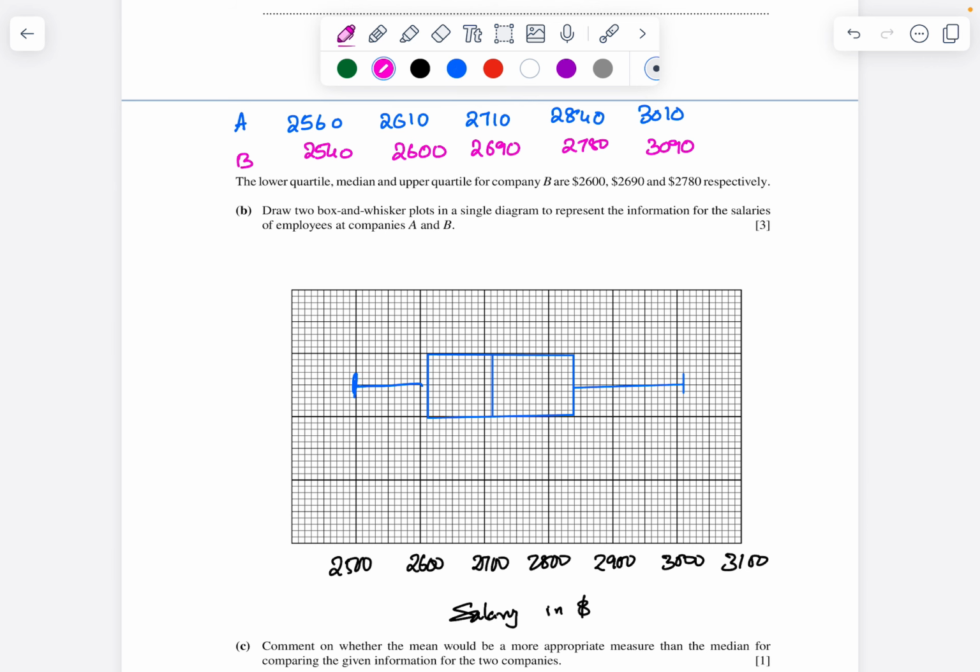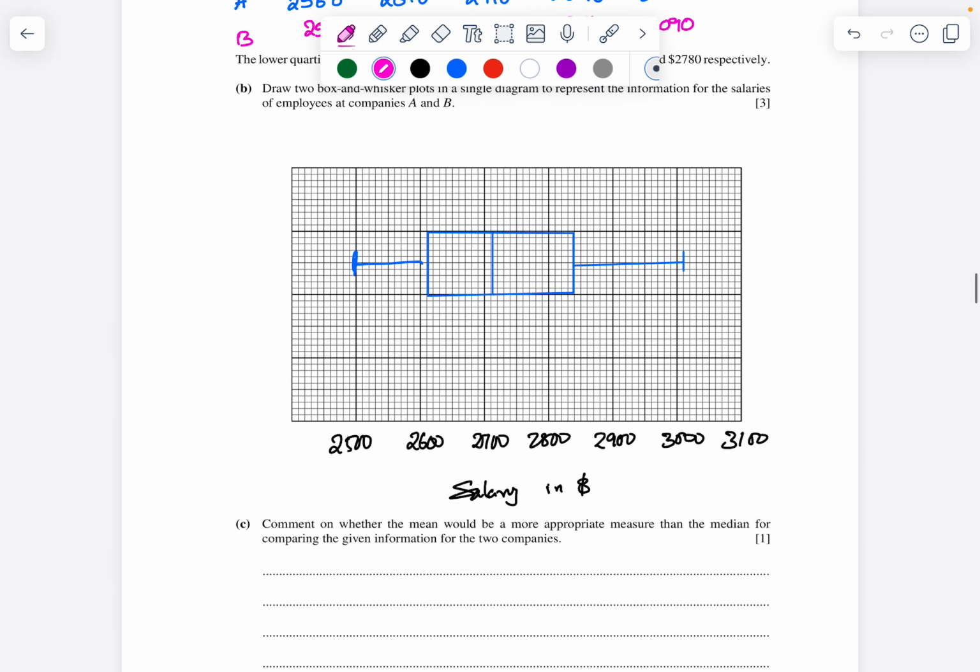Now the box for B: 2540, then 2600, then 2690, 2780, then 3090.